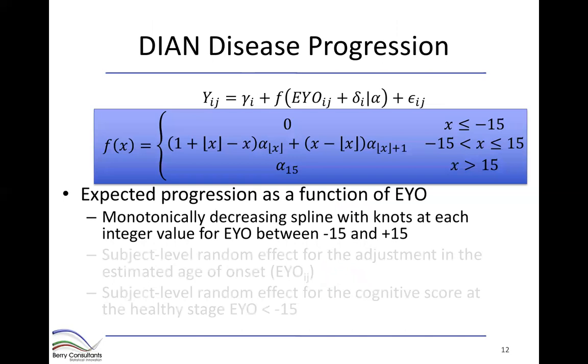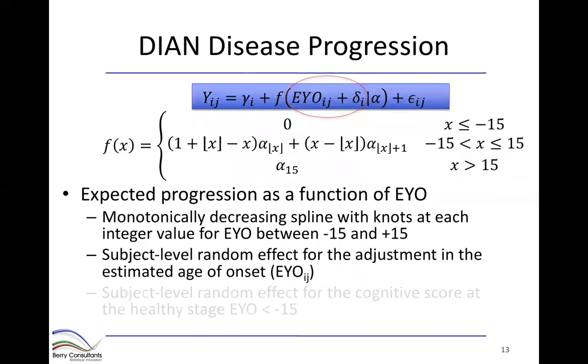In DIAN, we have a non-parametric, monotonically decreasing function to summarize this data. It's simply a spline where we estimate the decline in cognitive functioning at each EYO. We then also introduce a subject-level random effect for the true time of onset for each subject.